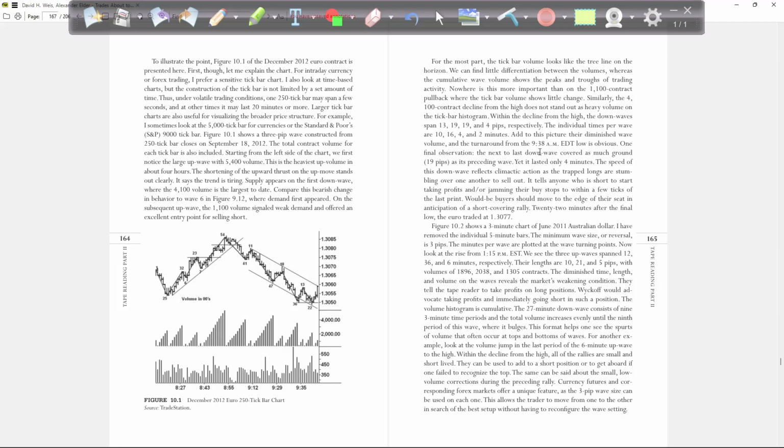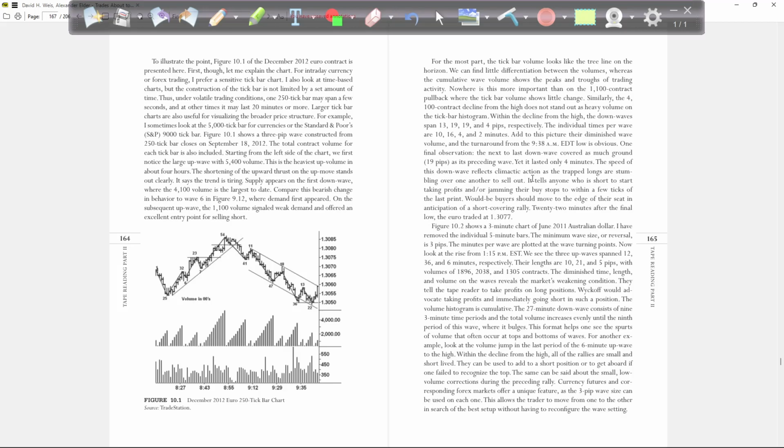Add to this picture their diminished wave volume and the turnaround from the 9:30 a.m. EDT low is obvious. One final observation: the next to last down wave covered as much ground, 19 pips, as its preceding wave, yet it lasted only 4 minutes.